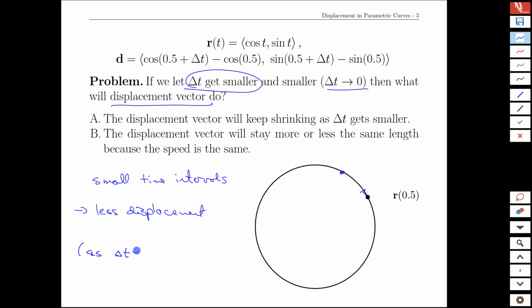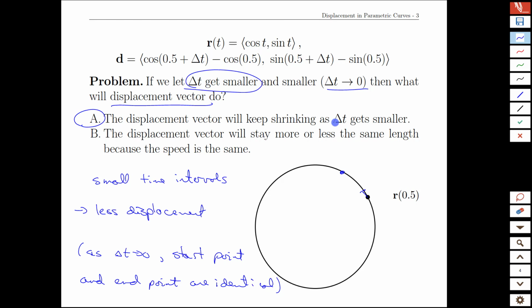As delta t goes to 0, the start point and end point are identical. And that would be 0 displacement. So we're definitely going to have the displacement vector shrinking as delta t gets smaller.